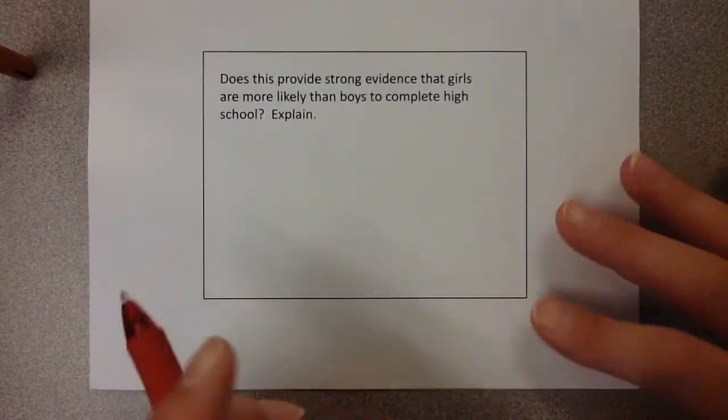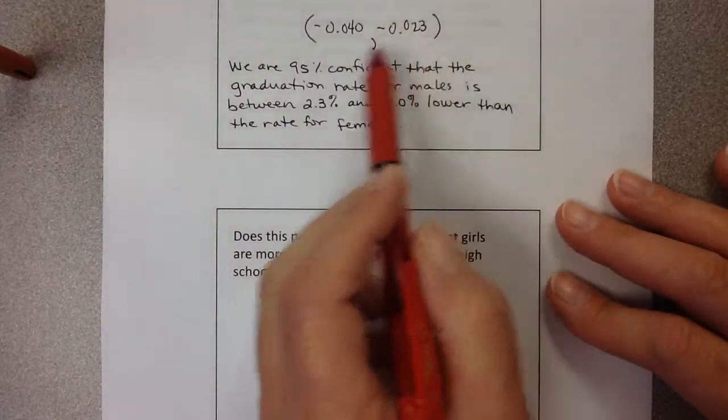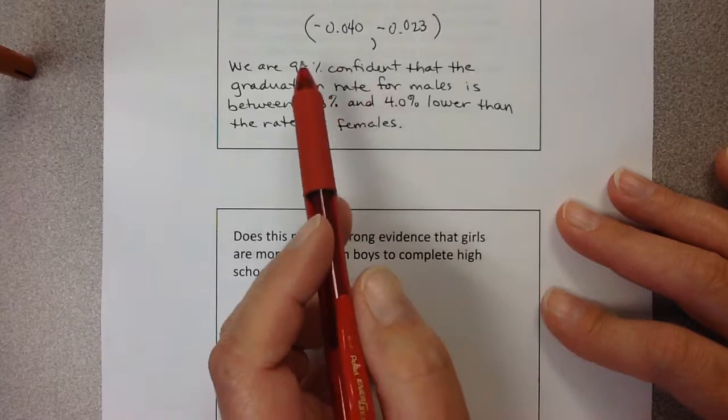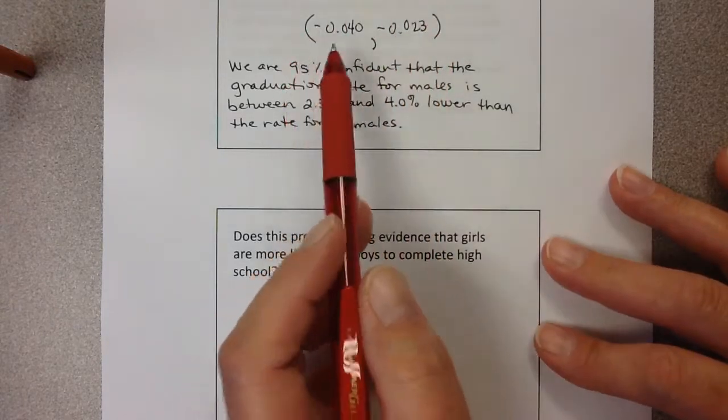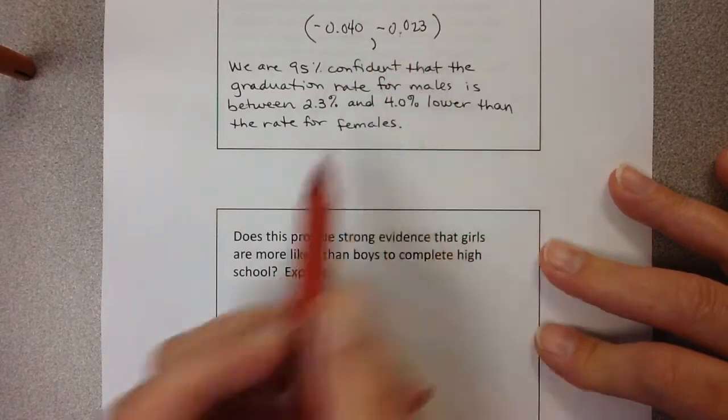To wrap that up, does this provide strong evidence that girls are more likely than boys to complete high school? Well, the entire confidence interval is negative, which implies that yes, that male rate is lower because 0 is not in there.